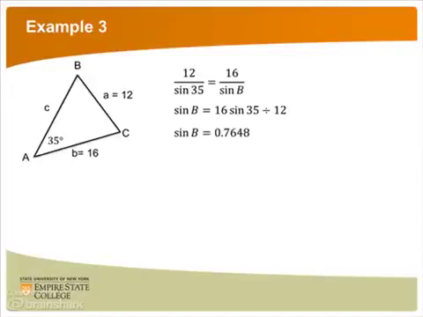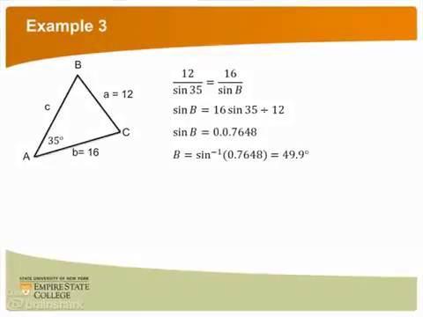This gives us sine of B equal to 0.7648. Since this is less than 1, at least one triangle is possible. We take the inverse sine of the decimal amount to find that angle B is 49.9 degrees. At least the first quadrant version of angle B is 49.9 degrees.